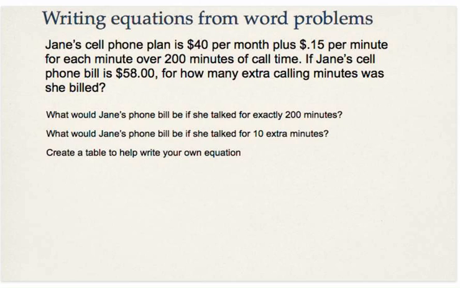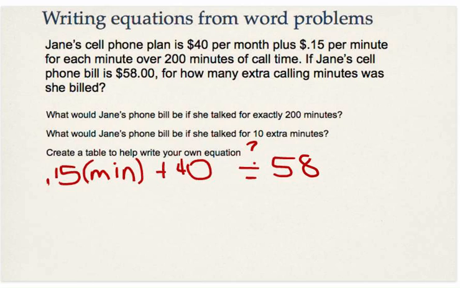I'm going to go ahead and set up the table for you. We had 15 cents times the number of minutes she went over plus the $40 base. Now we want to know when this is going to equal $58.